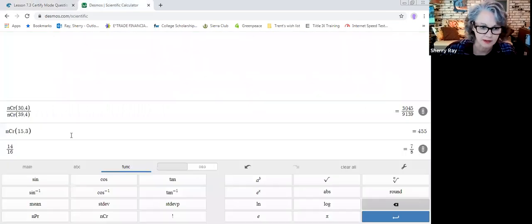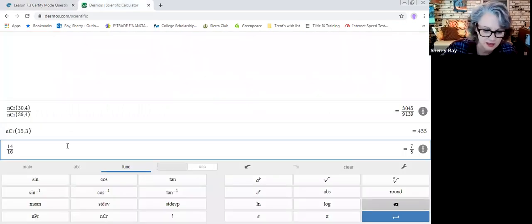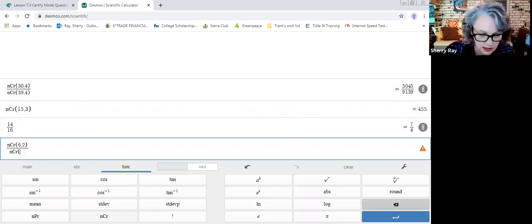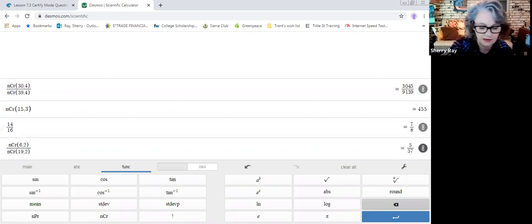I have combination, 6 choose 2, close my parentheses, divide that by combination, 19 choose 2, close my parentheses. It's easier to type your answer in as a fraction. So that fraction is 5 out of 57.